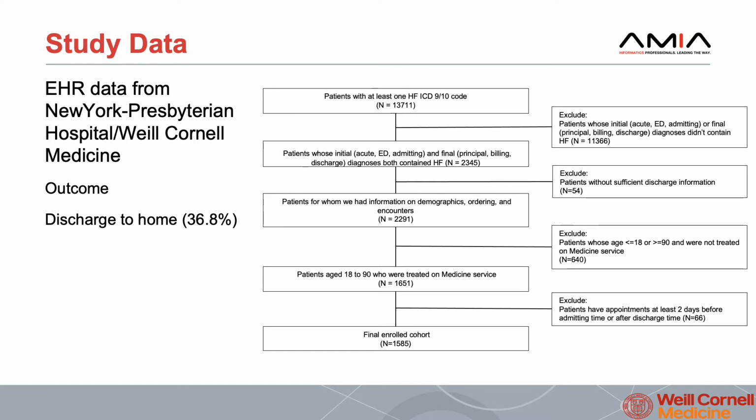The sociodemographic information included age, gender, race, marital status, preferred language, as well as payer. Diagnoses were used in terms of ICD-9 and 10 codes, and we also defined heart failure using ICD-9 and 10 codes. And the data includes patients from years 2014 to 2018 who were treated in the inpatient medicine services only.